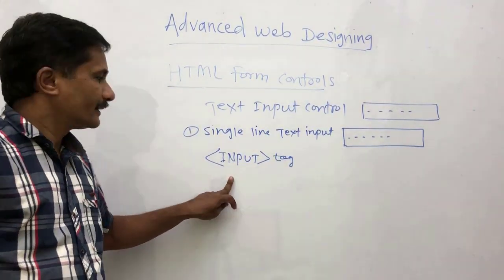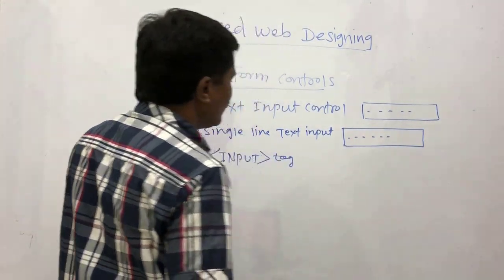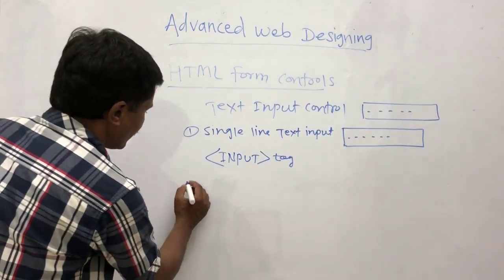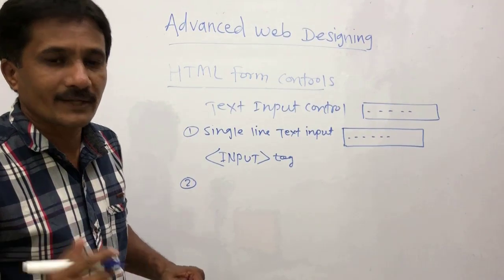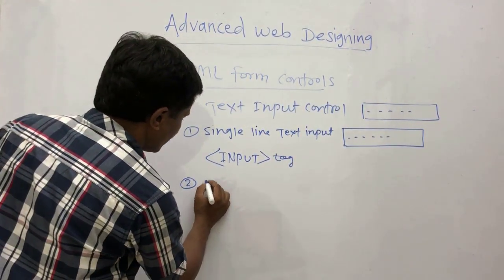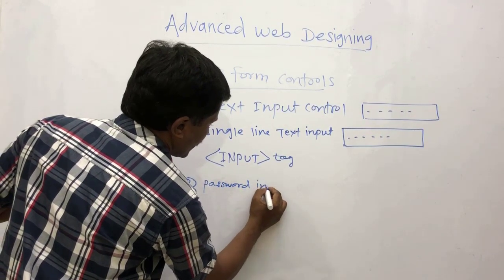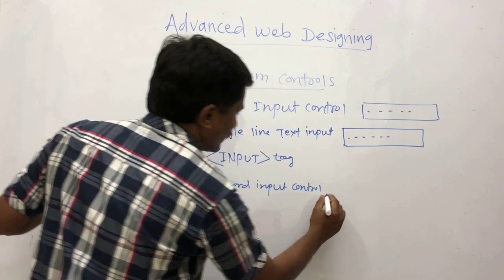Input tag. This tag is used to create the single line text input. Then the second type of text input control is the password input control.